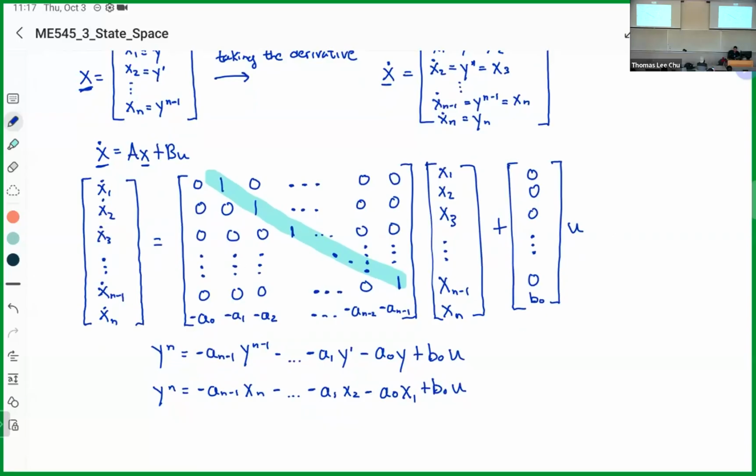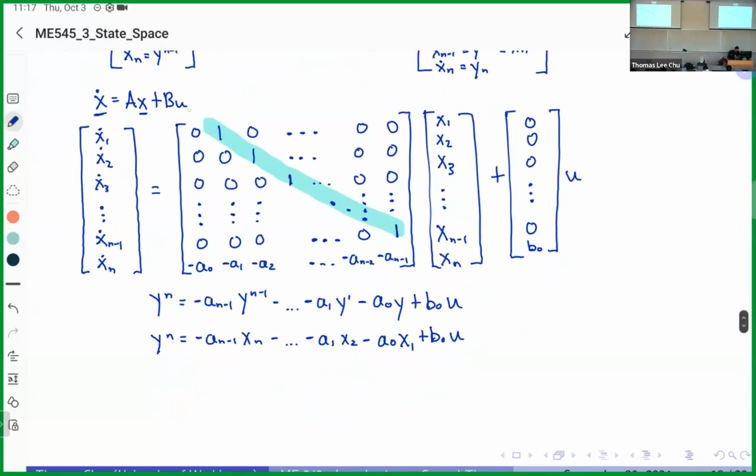Are there any questions? Okay, so the thing about this equation here is that we know the solution to a first order differential equation, but in matrix form there's a special case.